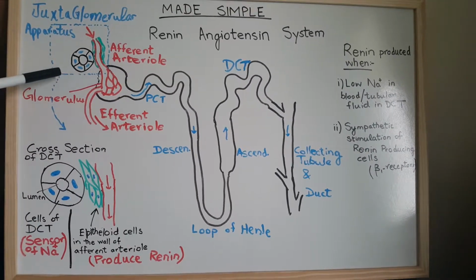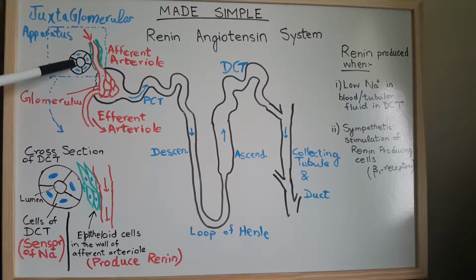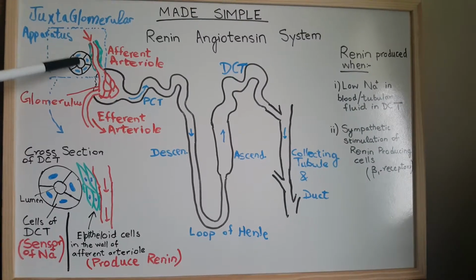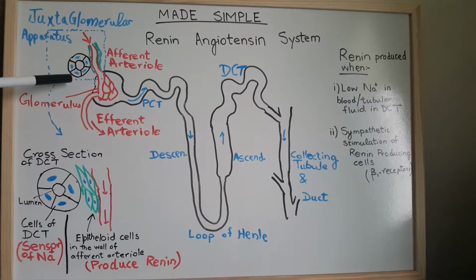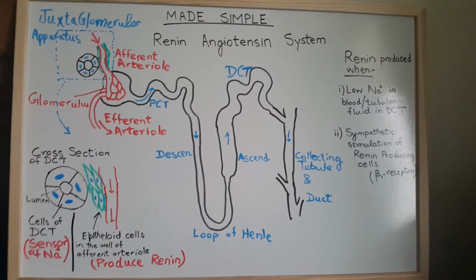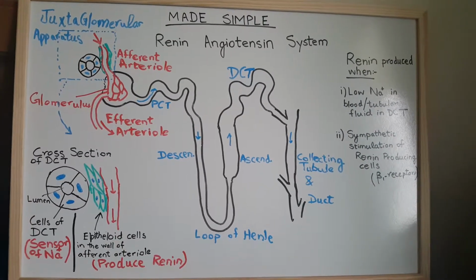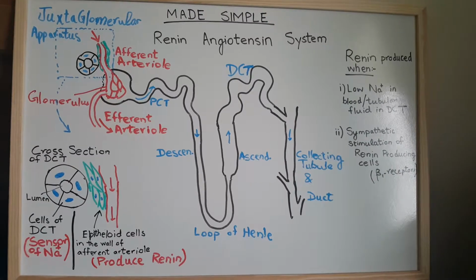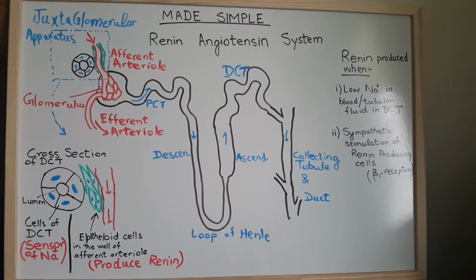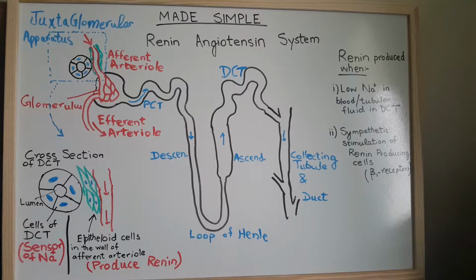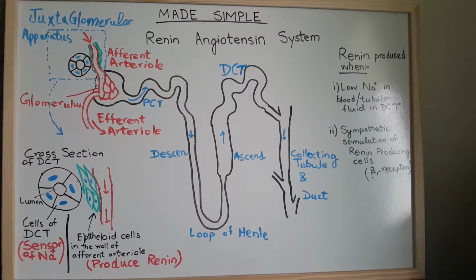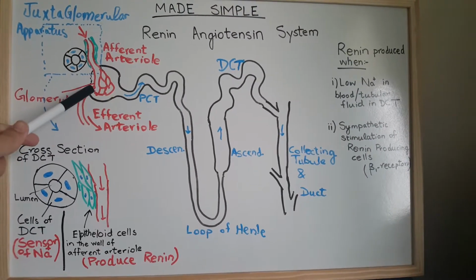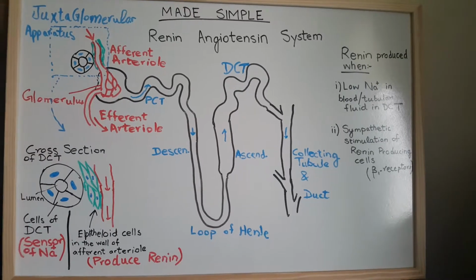The afferent arteriole and the cells of the distal convoluted tubule together make a system called the juxtaglomerular apparatus because of its proximity to the glomerulus.